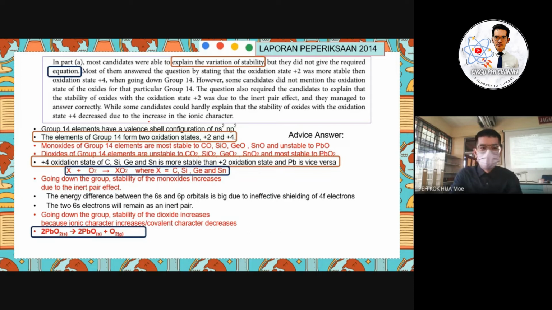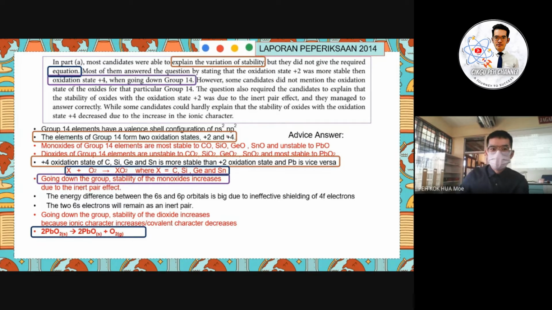Okay, and then next is the equation you have to mention. Both of the schemes 2010 and 2014 also give the equation. So that means the equation is very important for your answer to meet the requirement for MPN. So here, okay, students are also able to state which is stable. So I change the scheme.